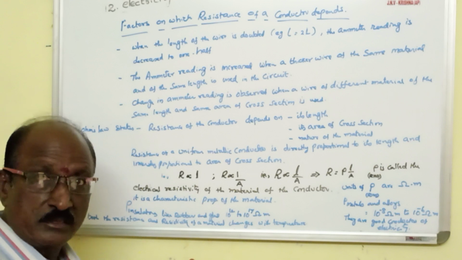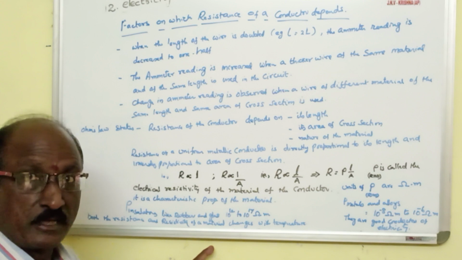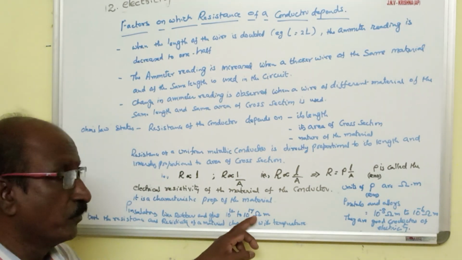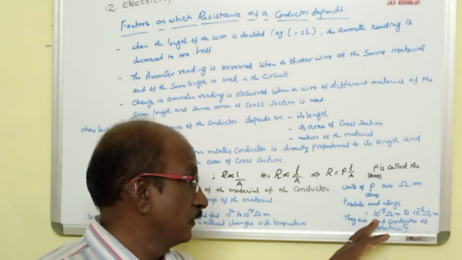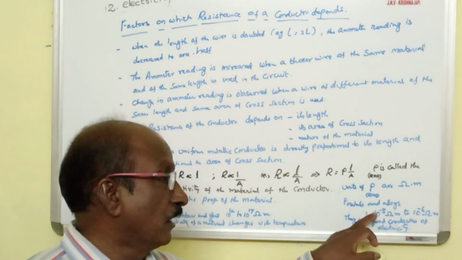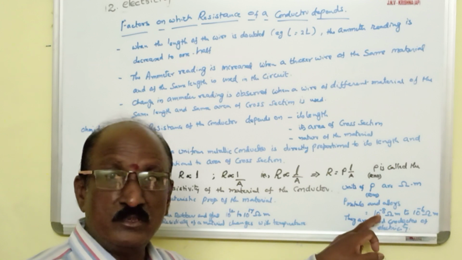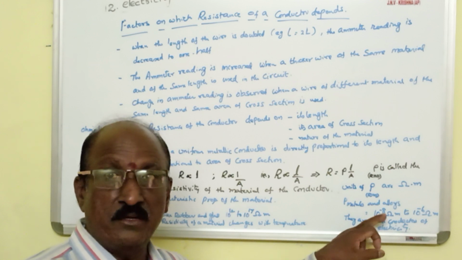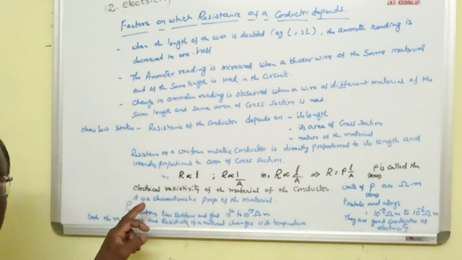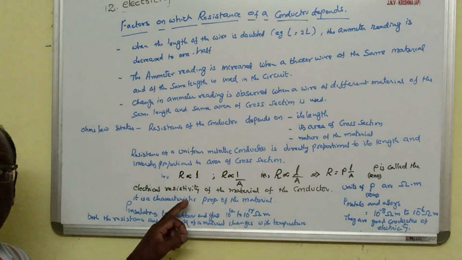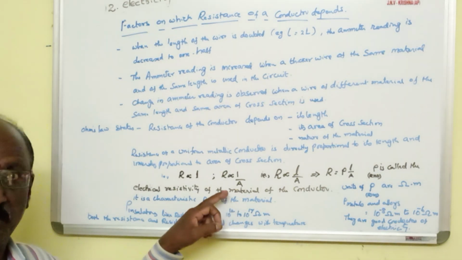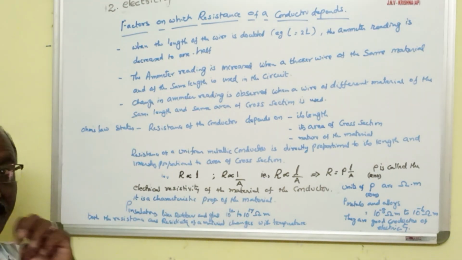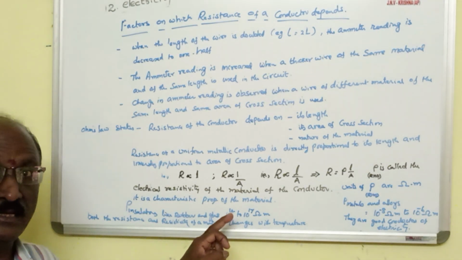For insulators, the electrical resistivity lies between 10 to the power of 12 to 10 to the power of 17 ohm meters. You see, for metals and alloys the exponent is negative, 10 to the power of minus 8 to 10 to the power of minus 6, whereas for insulators it is positive, 10 to the power of 12 to 10 to the power of 17 ohm meters.